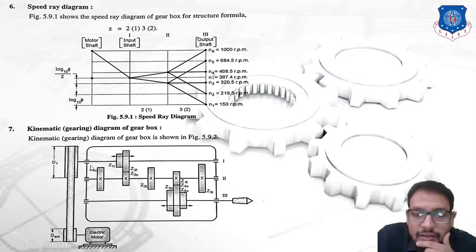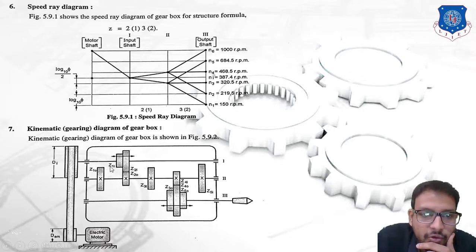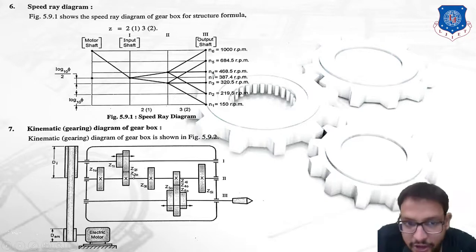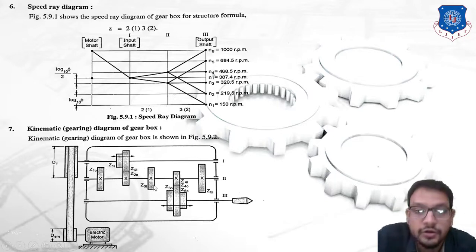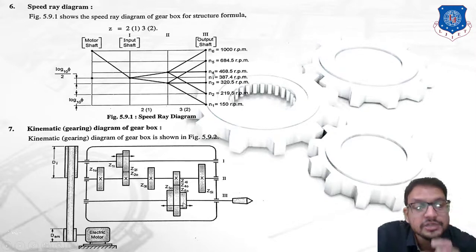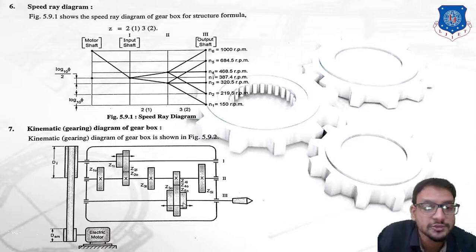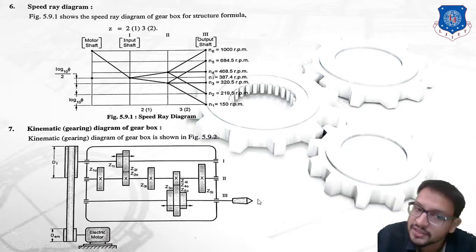Now when I shift one gear in stage 1, three combinations of speed will be obtained. When I shift to the second gear pair in the first stage, another three combinations of speeds will be obtained. So total speeds obtained: 3 plus 3, which means 6 speeds will be available at our machine tool spindle.